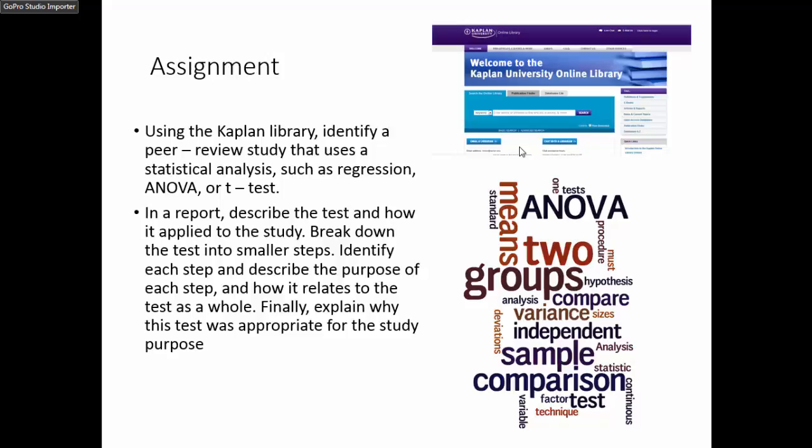Now, we want you to pick a study that has done one of the analyses that we've gone over in your reading or in seminar, and we're going to go through a couple of those today as well. What you're going to do in the report is describe the test. So just like we did in seminar, describe the scenario, what's their question, where they got their data, and then talk about the statistical test that they did and how it applied to the study.